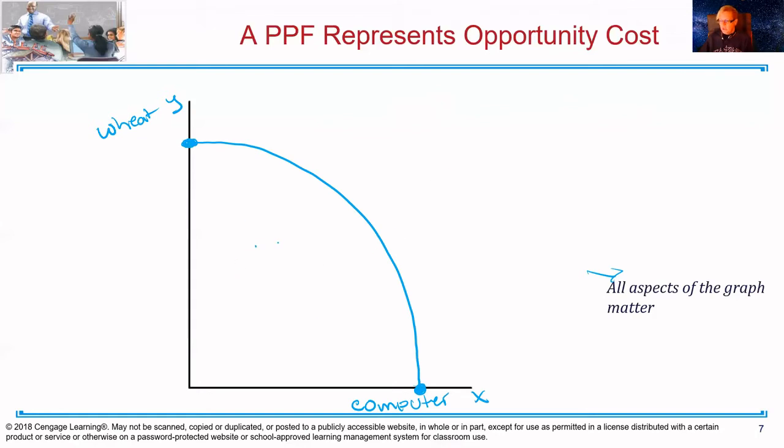Because remember, we could be inside this graph. And inside is inefficient. On the line is efficient. And outside the line is currently unattainable, because we're holding all else constant.